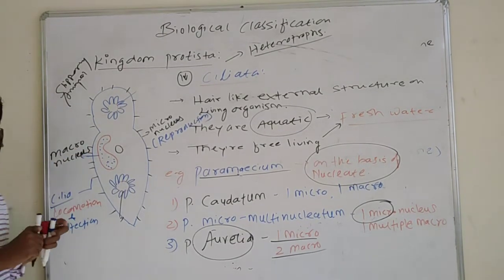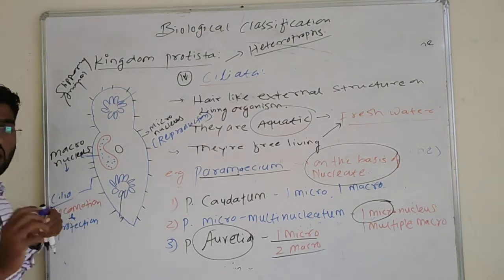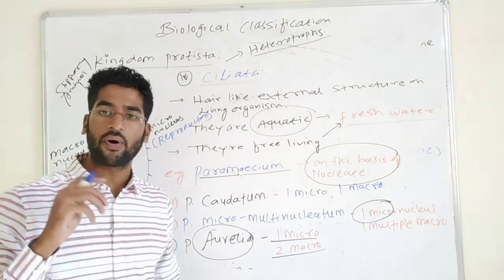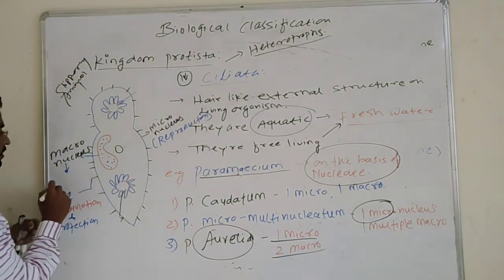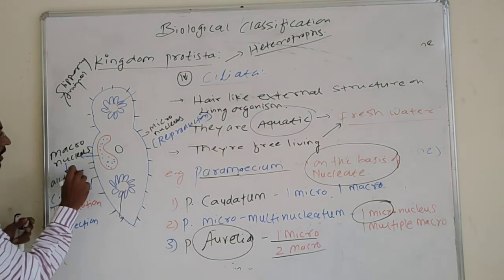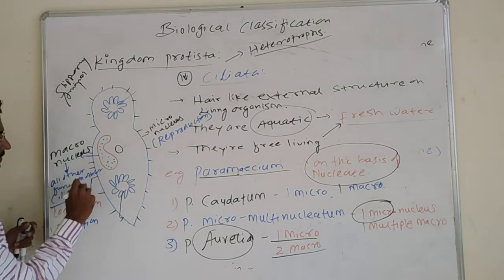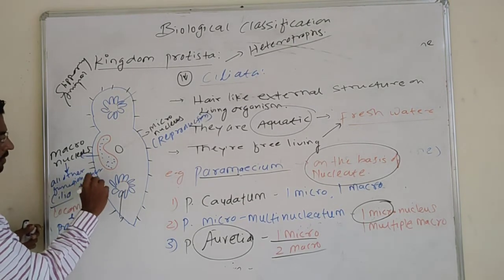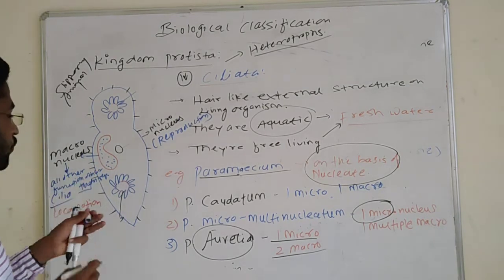And this nucleus helps in all other functions carried out by the paramecium other than reproduction. So all functions other than reproduction are carried out by the macronucleus.